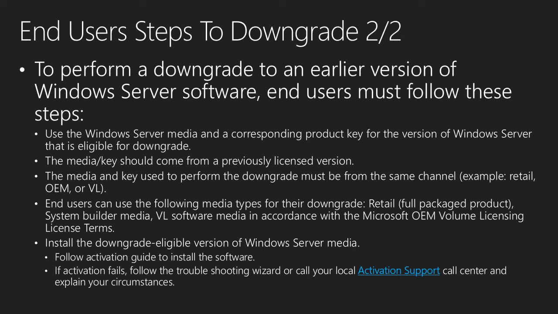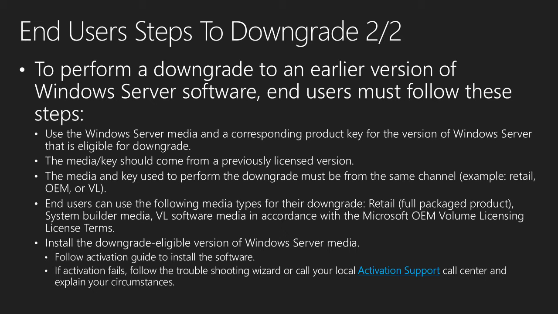It needs to come from a previously licensed version, and the media and the key need to match each other, otherwise they're not going to work. So if someone's found an OEM disk but they're trying to use VL product keys against it, they'll find that the key and the media aren't going to go together. But the customers are, as I mentioned, free to use whatever media type and key they have, as long as they do match.